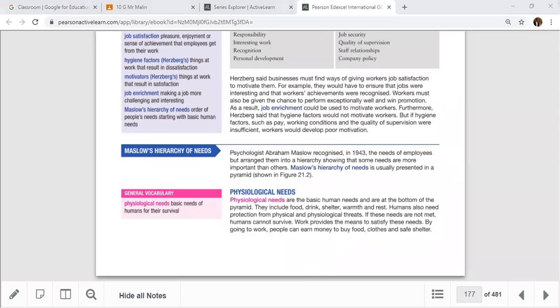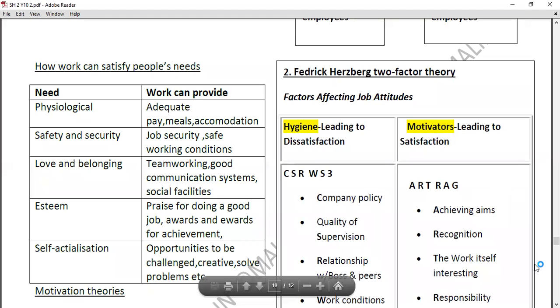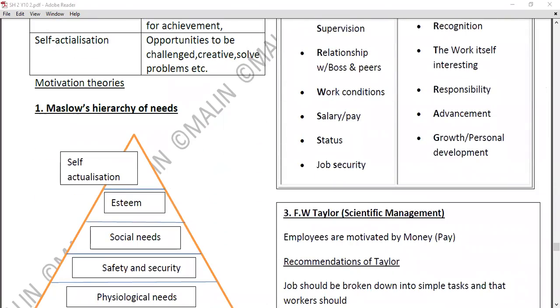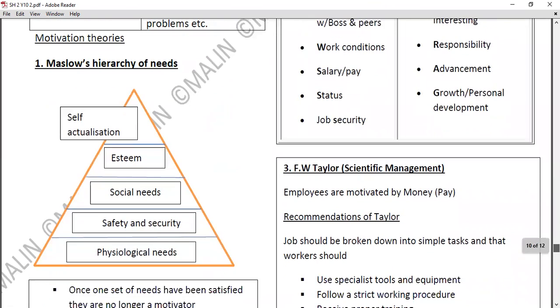In Maslow's hierarchy of needs theory, Abraham Maslow talks about human needs being like a pyramid. In this pyramid, there are certain layers. We call the first one physiological needs, the body's needs like food, shelter, and clothes. Then safety and security needs, like education, medicine.